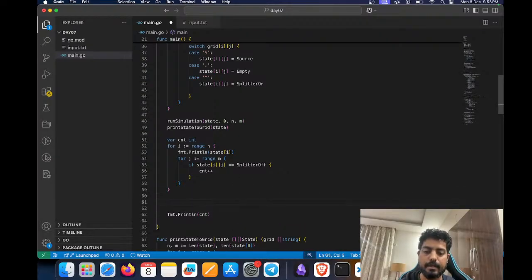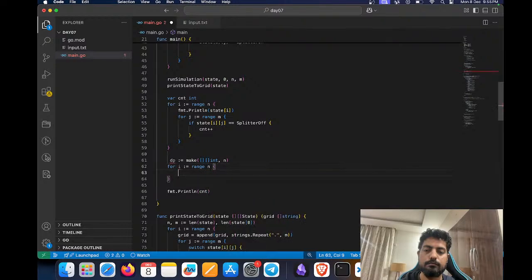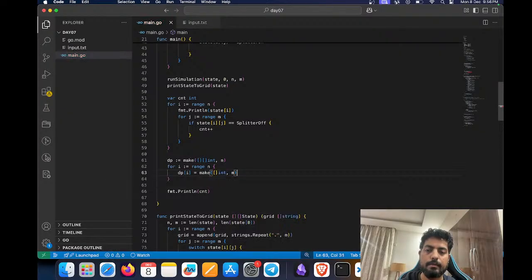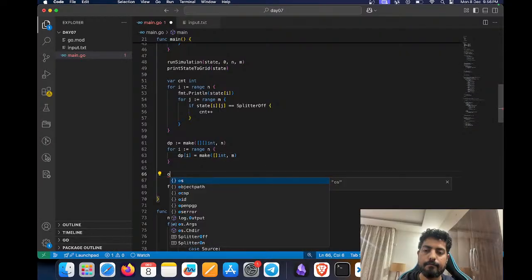Now let's make a dp array. Finally, we have a dp problem here. I think maybe we can also solve it in some other way, but dp is pretty cool. We have n rows, and we have m columns.